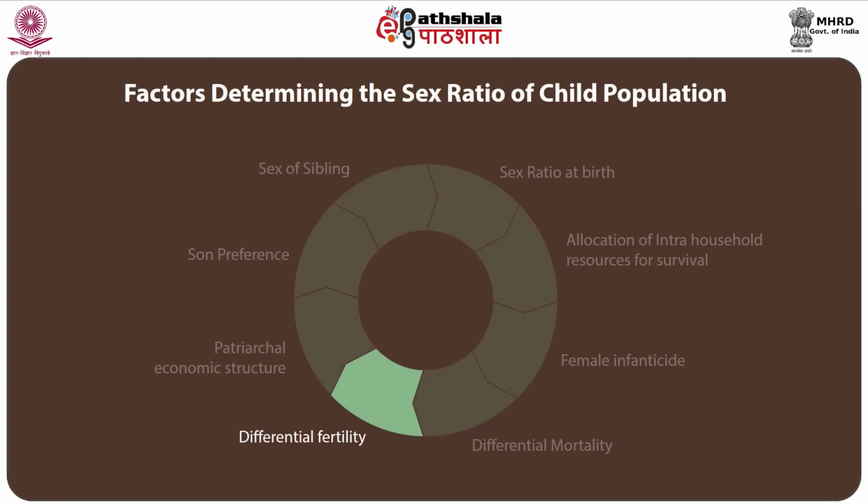And differentials in fertility undoubtedly affect the sex ratio at birth and consequent child sex ratio. There are demographic reasons for it. There are also reasons which we have already pointed out due to sex ratio at birth. The higher order births usually have more female births compared to the lower order births.